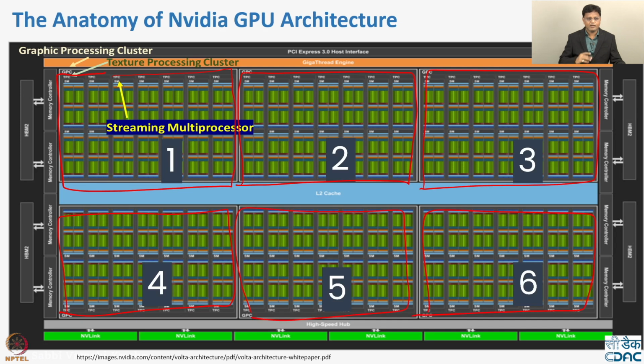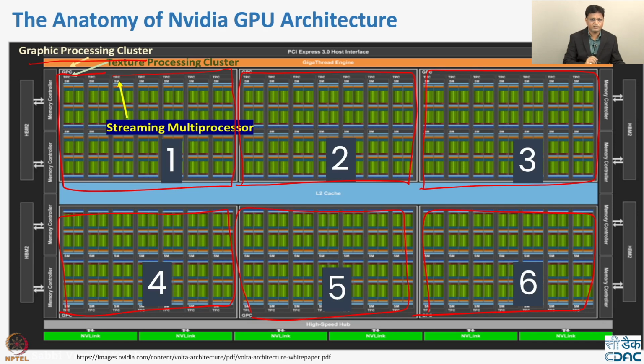At a very high level in an Nvidia GPU, cores are arranged like these 6 blocks in a particularly chosen GPU, and this number of blocks can vary. But what is the name of these blocks? That is known as graphic processing cluster.